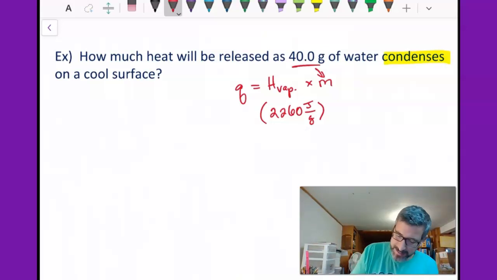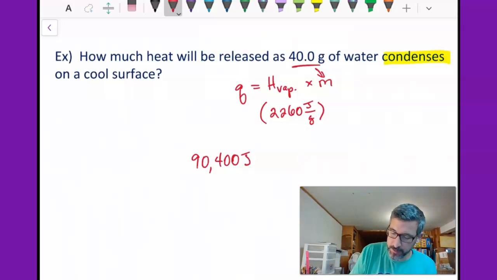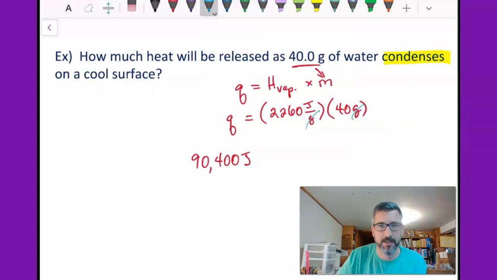Okay, so I got 90,400 joules. Notice, by the way, as we multiply here, since this is 40 grams as we're solving, that the grams would, in fact, cancel, right? So that's why you're left with joules as your answer. Again, big number, but that's okay because joules are small.